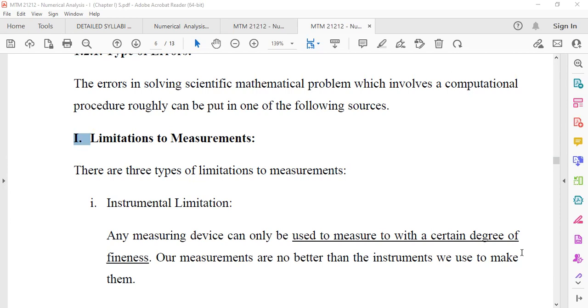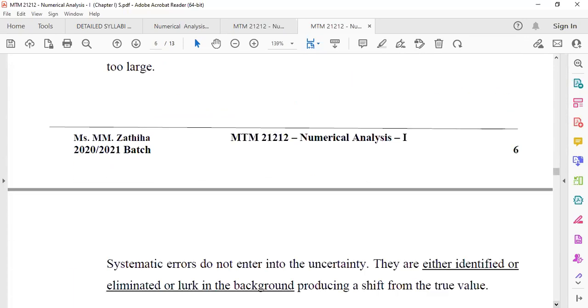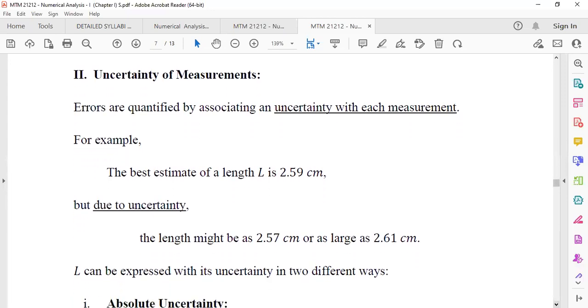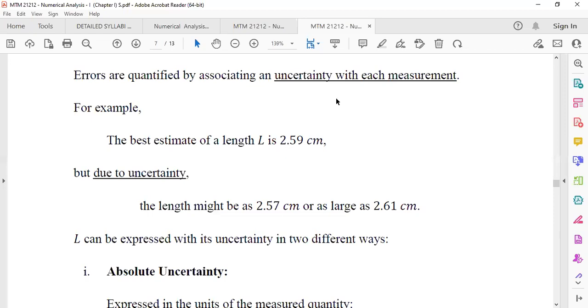Let's see the next part. The next part of types of errors is the uncertainty of measurements. What is the meaning of uncertainty? Errors are quantified by associating an uncertainty with each measurement. For example, the best estimate of length L is 2.59, the actual length, let's say.